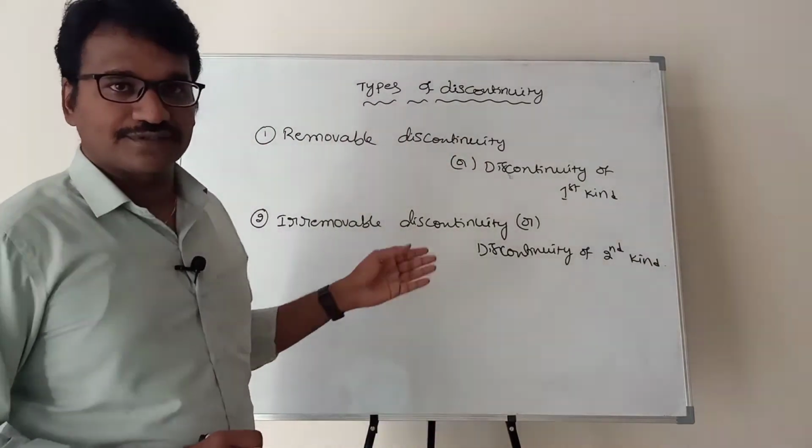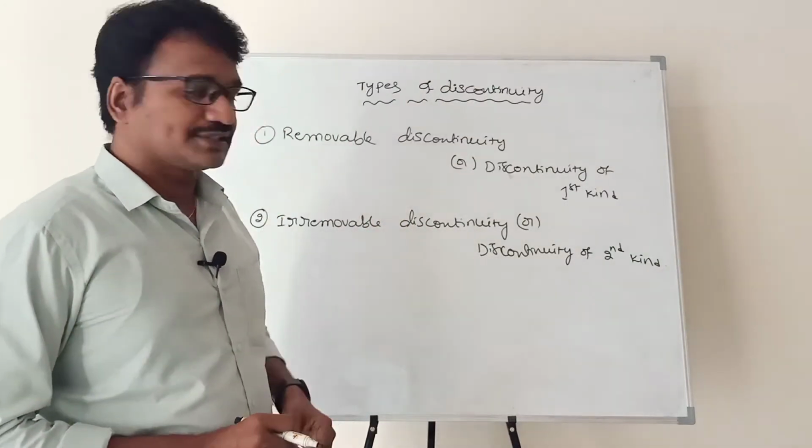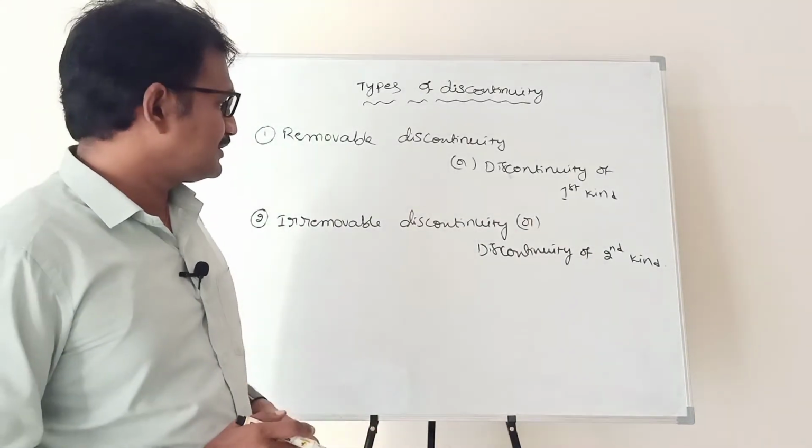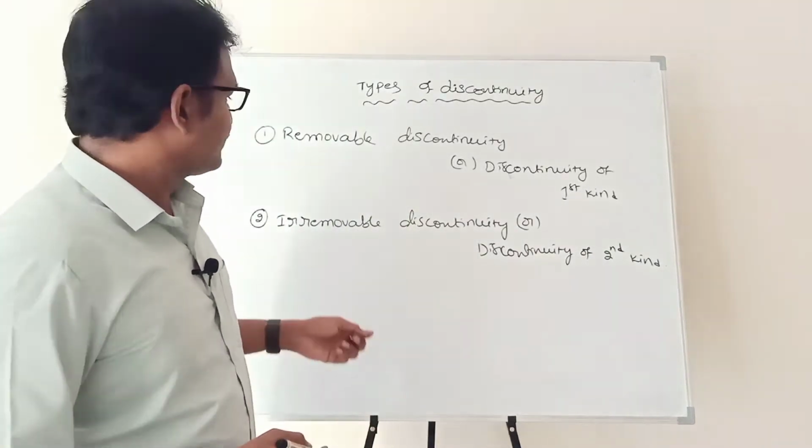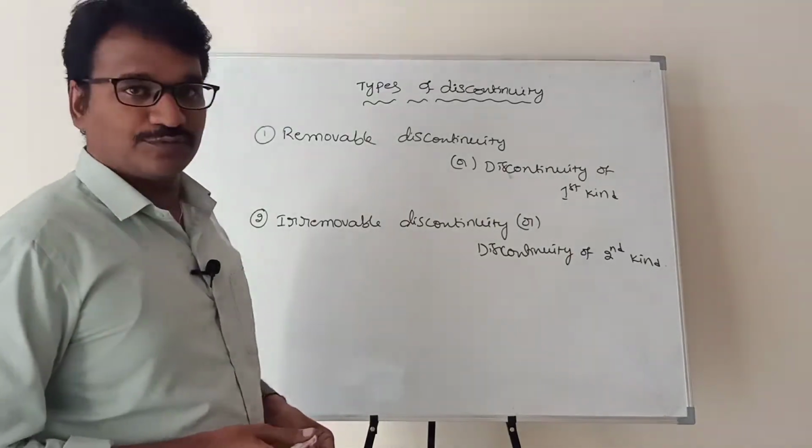There are two types of discontinuities. One is removable discontinuity and second one is irremovable discontinuity. Now we are going to discuss removable and irremovable discontinuities.